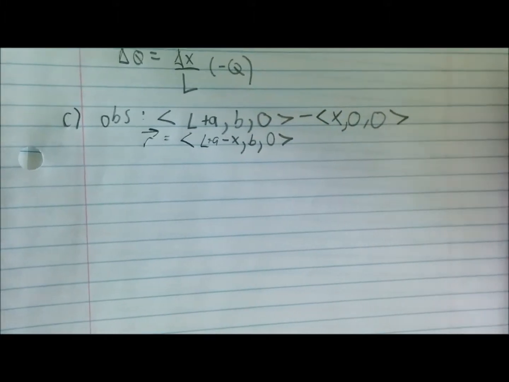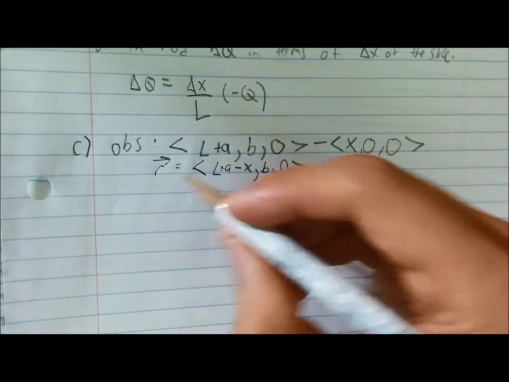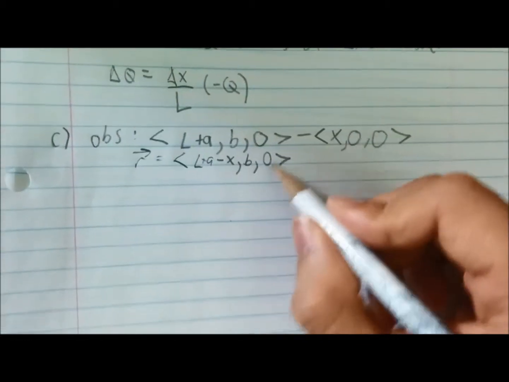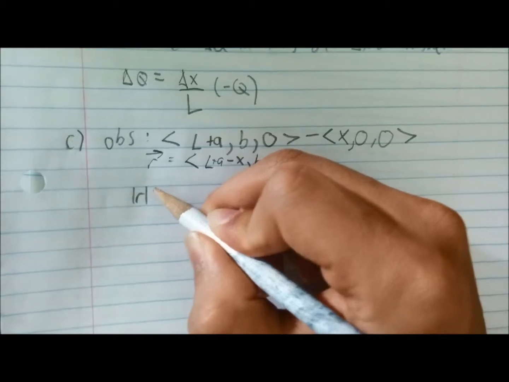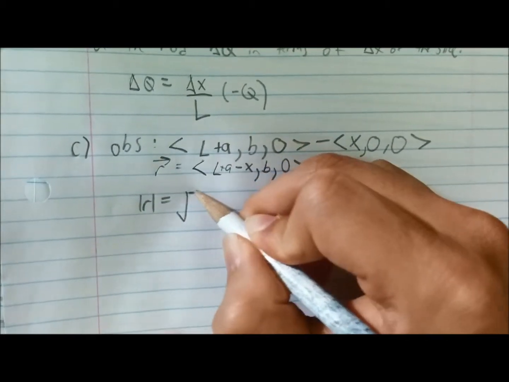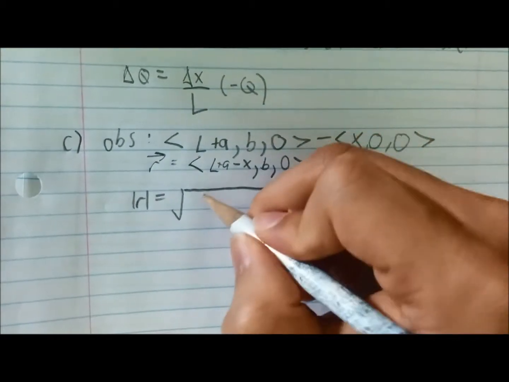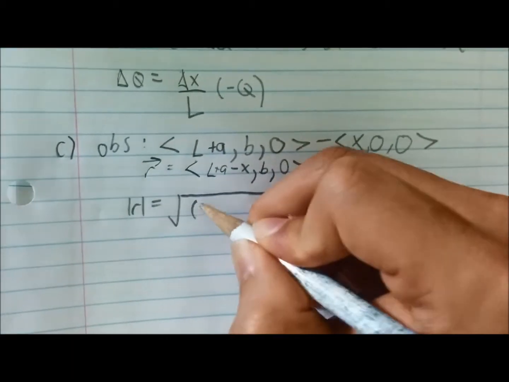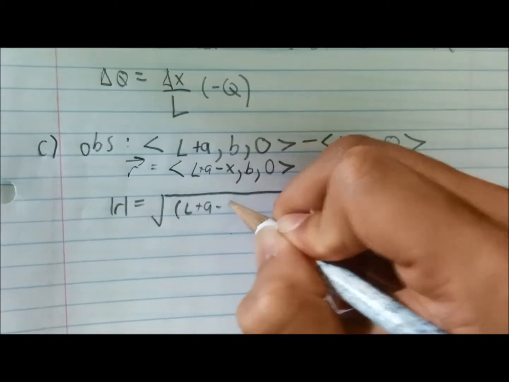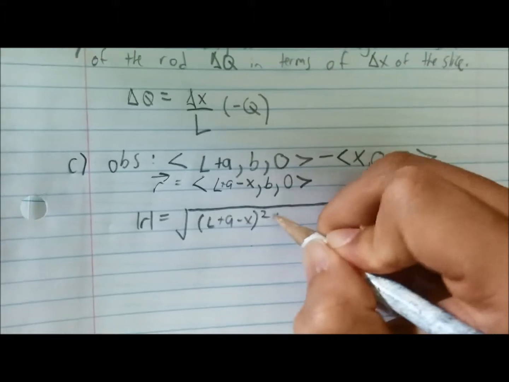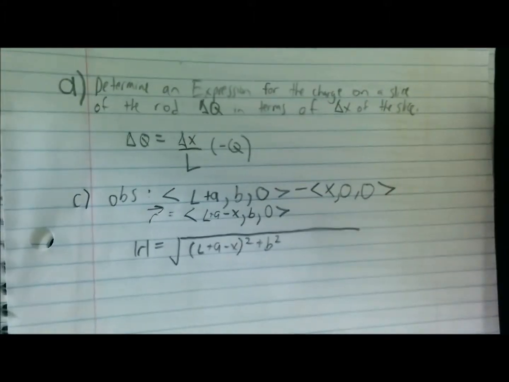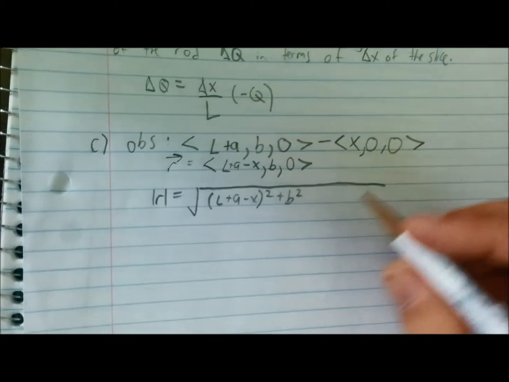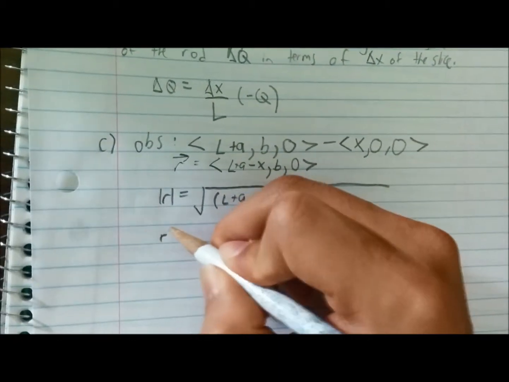Now you also have to find the magnitude, which is just squaring all of these components and taking the square root of it. So R mag is equal to the square root of (L plus A minus X) squared plus B squared, and that's R mag. The next important part is r hat, which is the unit vector.